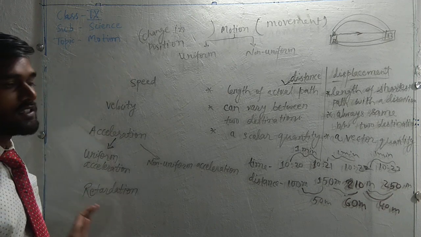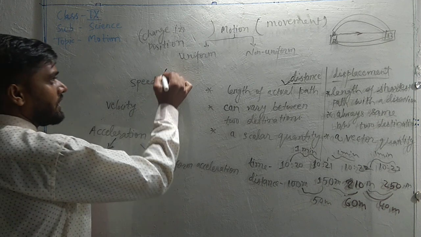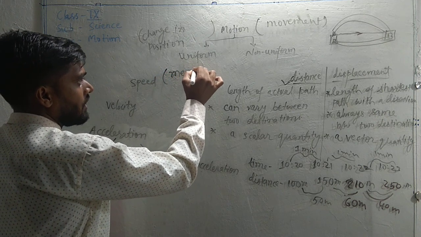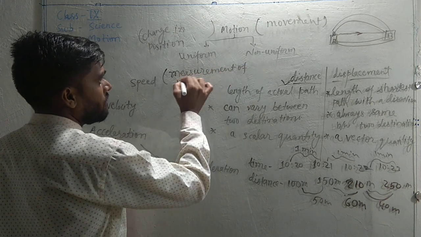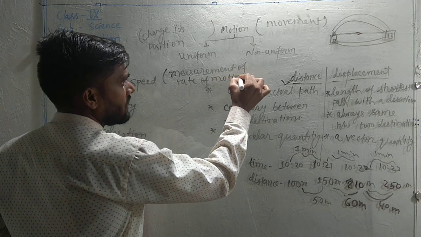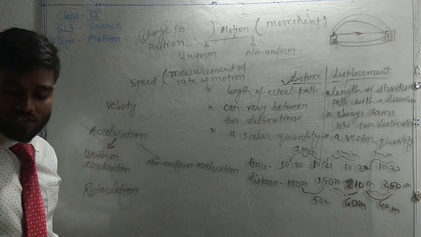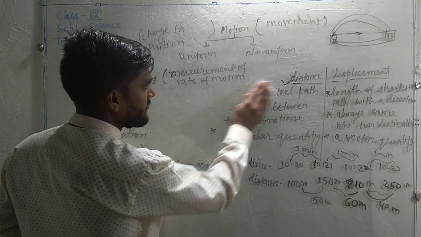Speed is what? Speed can be called the measurement of rate of motion. Why is it called rate of motion? Motion means change in position.